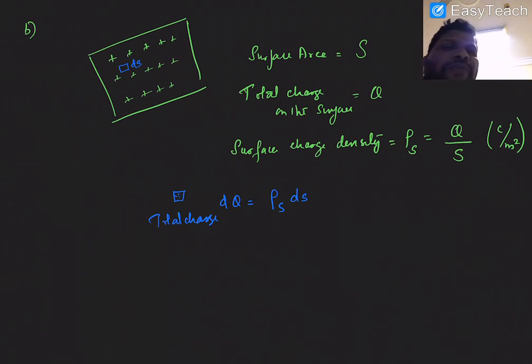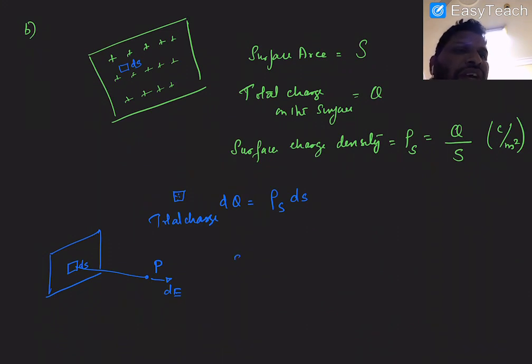This is the differential charge in this area ds. Now if you have some plate like this with the surface area S, due to this differential surface there will be some electric field at point P. So the differential electric field in this direction is given as 1 by 4 pi epsilon 0 into the total charge at this area.